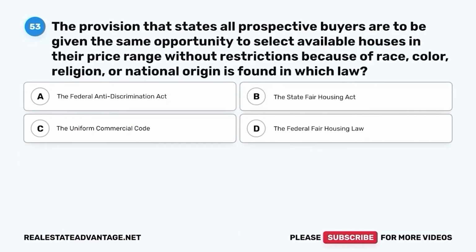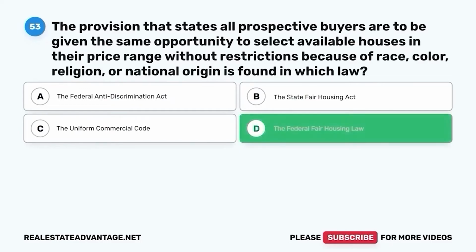Question 53. The provision that states all prospective buyers are to be given the same opportunity to select available houses in their price range without restrictions because of race, color, religion, or national origin is found in which law? A. the Federal Anti-Discrimination Act, B. the State Fair Housing Act, C. the Uniform Commercial Code, D. the Federal Fair Housing Law.